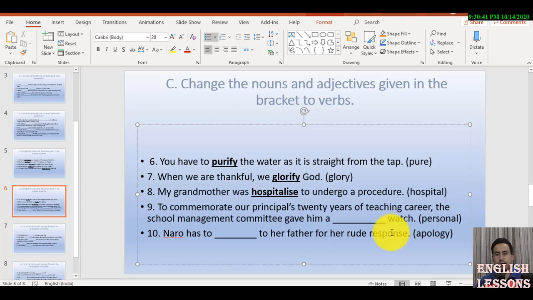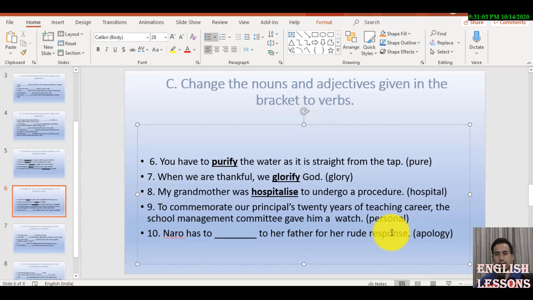Let's look at question number 9. To commemorate our principal's 20 years of teaching career, the school management committee gave him a dash watch.